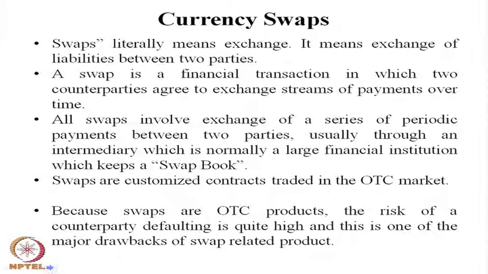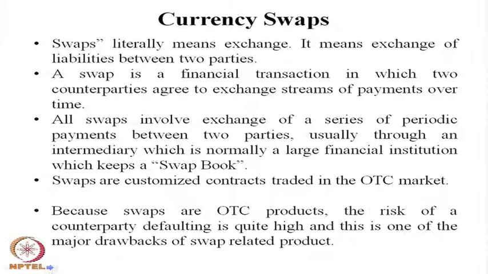All swaps involve the exchange of a series of periodic payments between two parties, usually through an intermediary, which is normally a large financial institution that helps in bringing the two parties together and maintaining the record of the swap transactions, what we generally call swap books. Swaps are customized products, and primarily swaps are OTC or over the counter products.